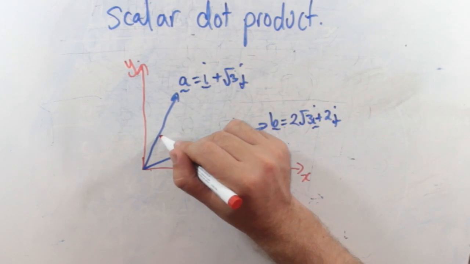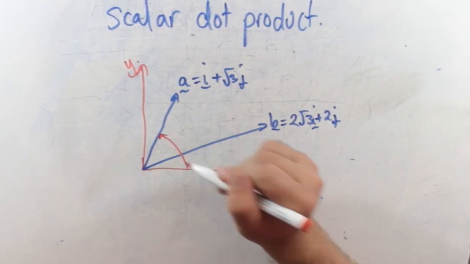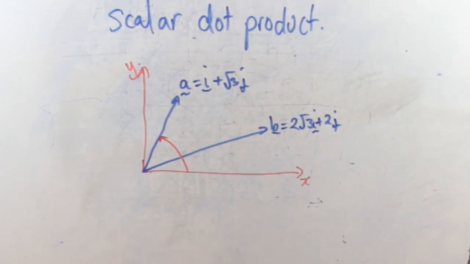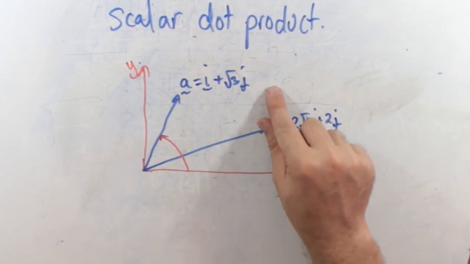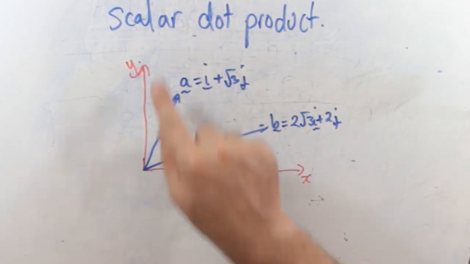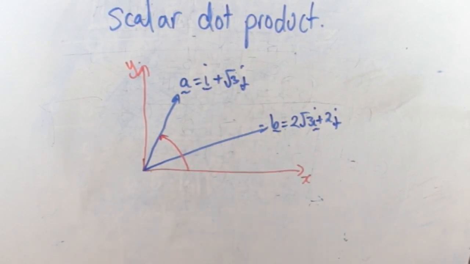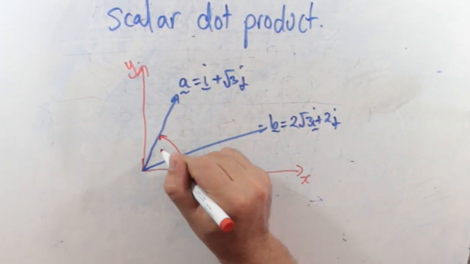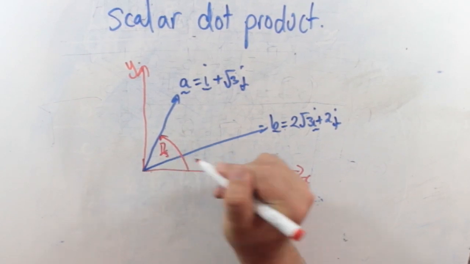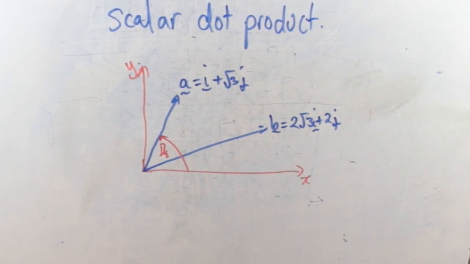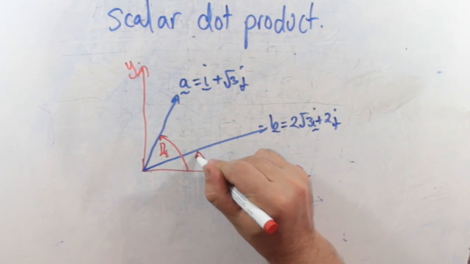All right, here we go. What's this angle? I could make a little triangle here and know that's root 3 in the j direction, 1 across in the i direction. So I could do inverse tan of that. That whole angle is pi on 3 or 60 degrees. What about this angle in here?